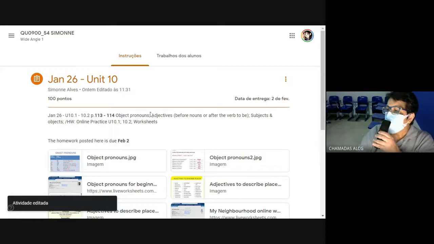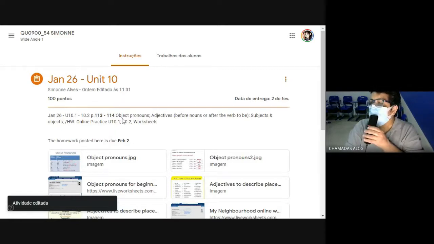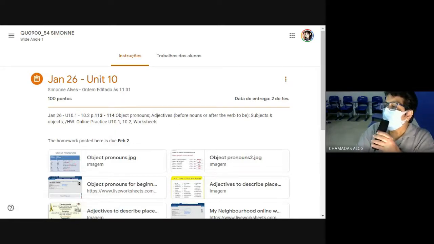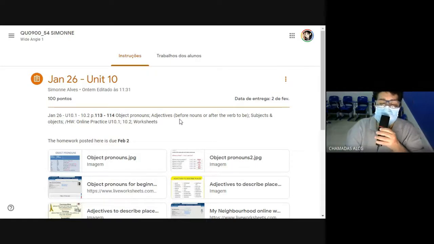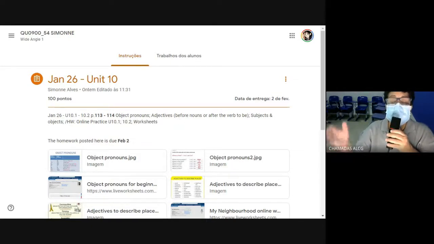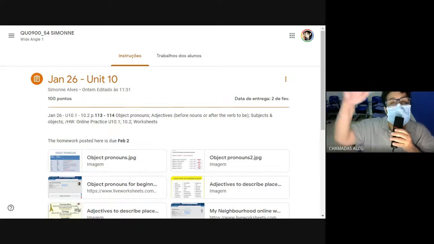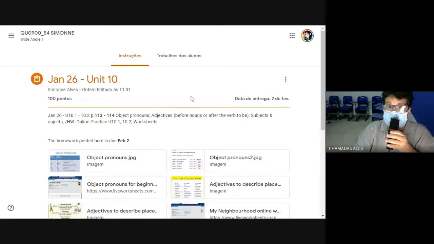Okay, so today we talked about object pronouns, adjectives, how we use adjectives to describe places. They come before the noun or after the verb to be. Sorry. Object pronouns, they come after the verb or after a preposition.